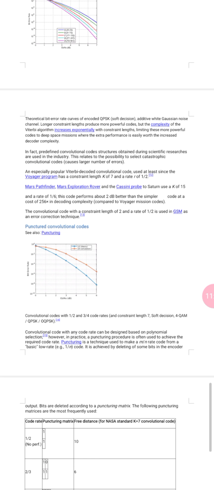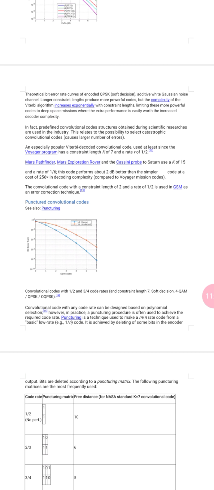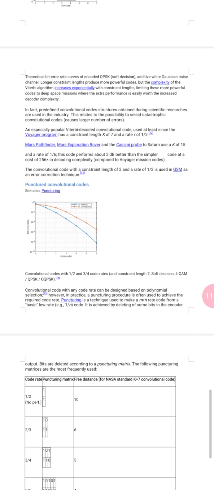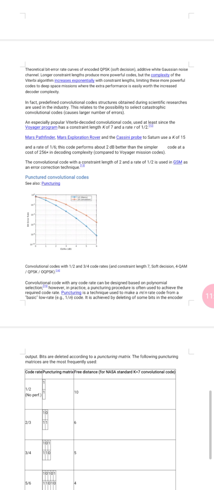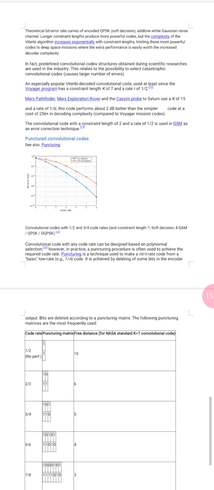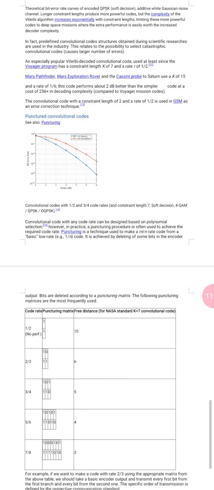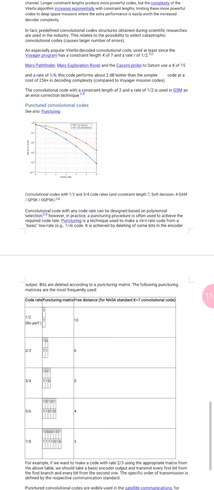An especially popular Viterbi decoded convolutional code, used at least since the Voyager program, has constraint length k of 7 and rate r of 1 by 2. The Mars Pathfinder, Mars Exploration Rover and the Cassini probe to Saturn use a k of 15 and a rate of 1 by 6.